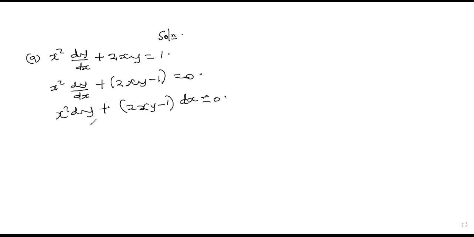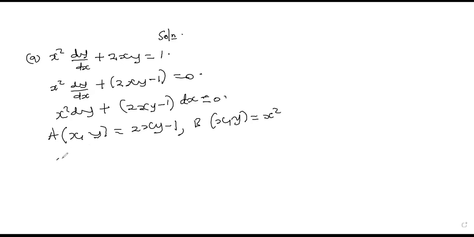So now, for this case, if you have the terms of dx and the terms of dy, you can move on. So this is B and this is A. It means that our A_xy is 2xy minus 1, and our B_xy is equal to x squared.